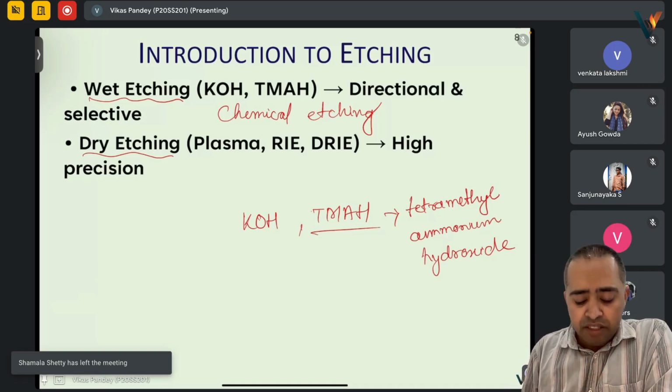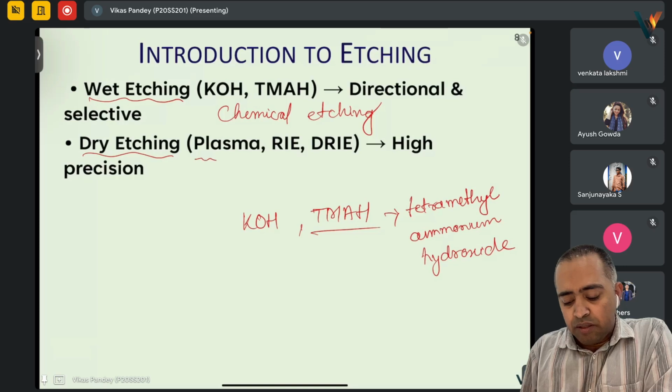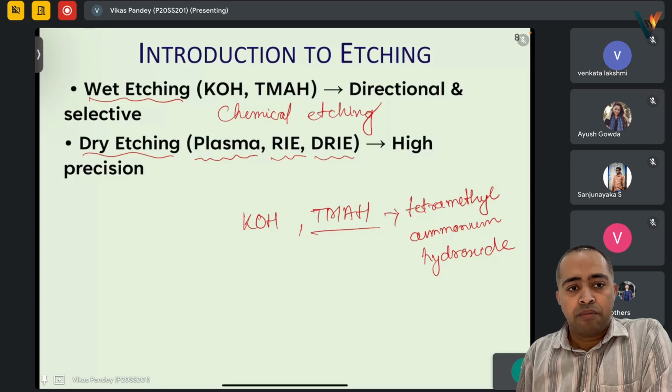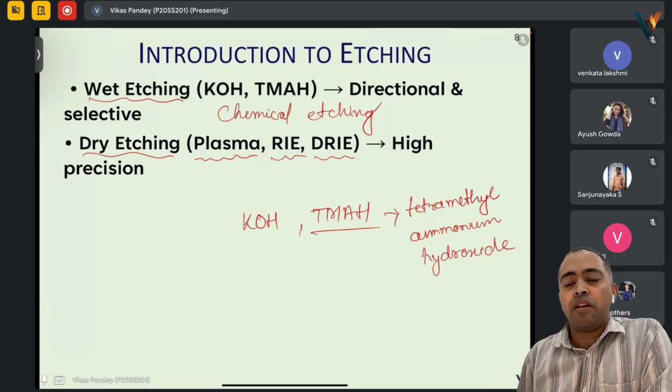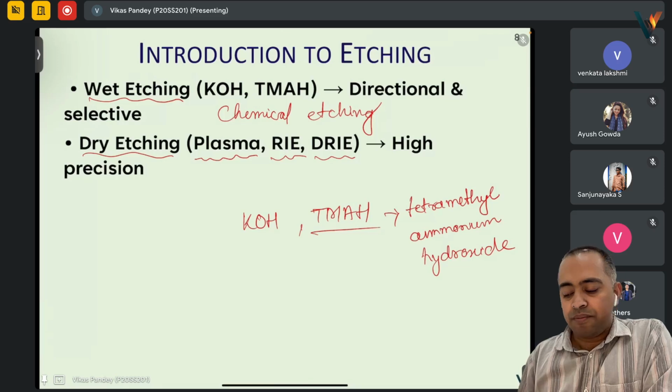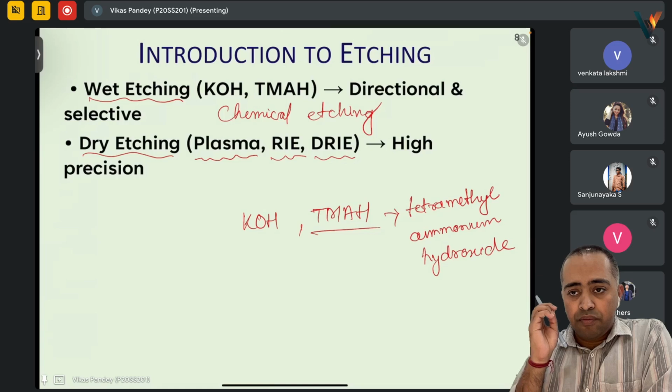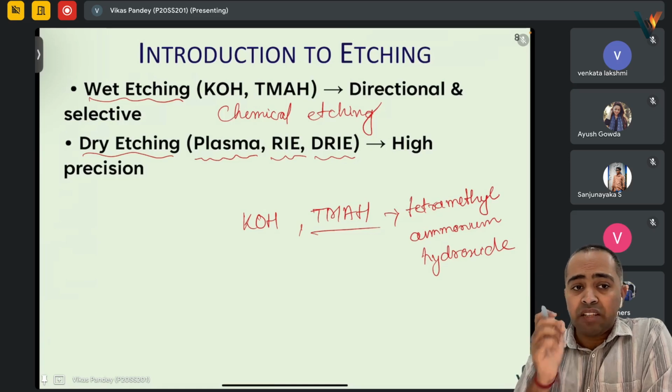Okay, the other method is dry etching, which can be plasma etching, reactive ion etching, or deep reactive ion etching. All these are dry methods. It has high precision and better output, but the complexity is high, it has a complex mechanism, and there is not much selectivity in this case.